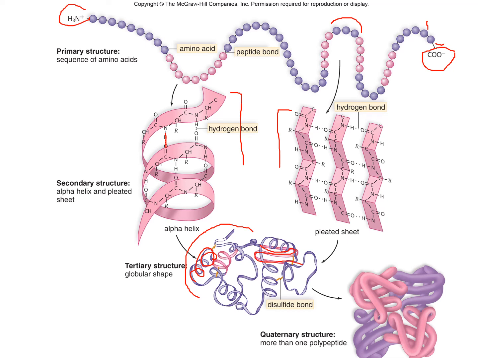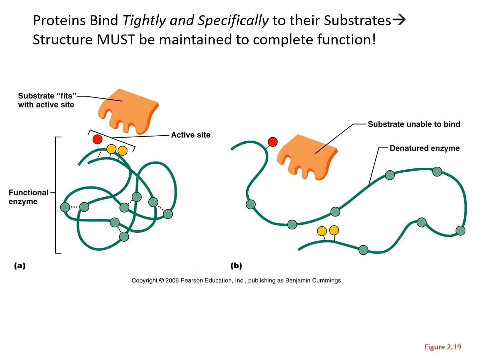Right? And finally, depending on the protein, sometimes the protein joins together with other proteins to form a full functional unit. It is ultimately all four levels of structure that determine the function of the protein.